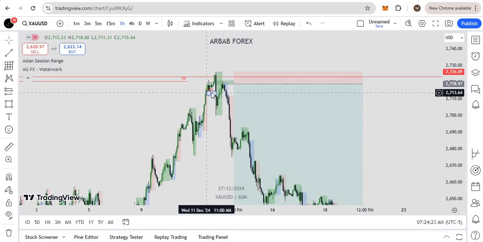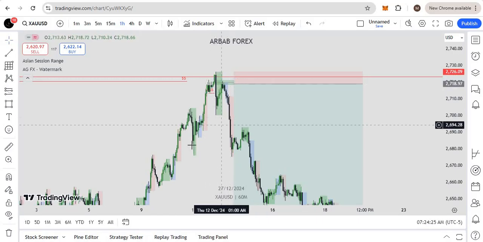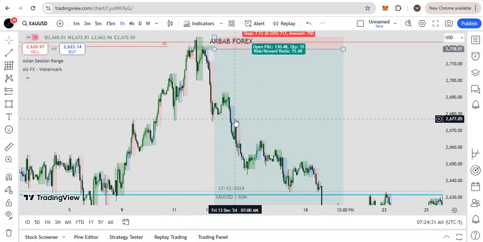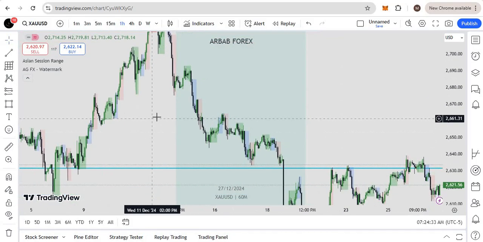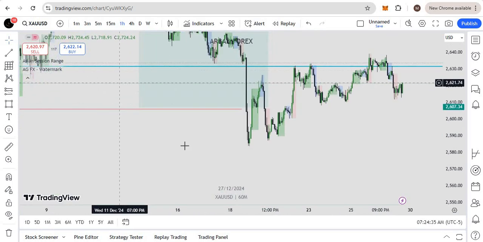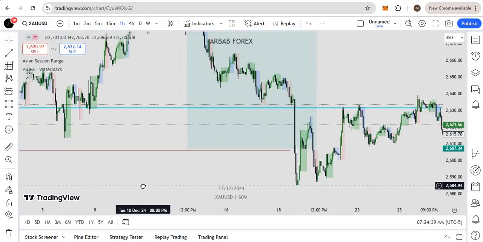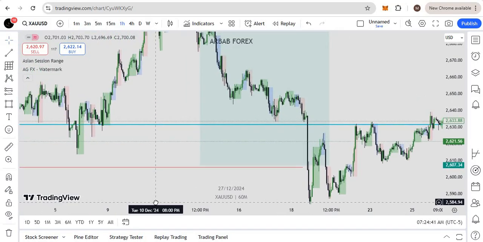Because once it shifts, we have these also, and when it shifted, we have the fair value gap, and so on until we reach the objective, right? So that's how you can approach the market in a technical way, okay?